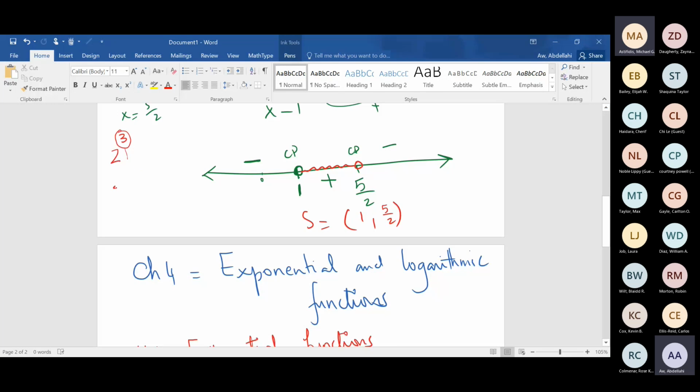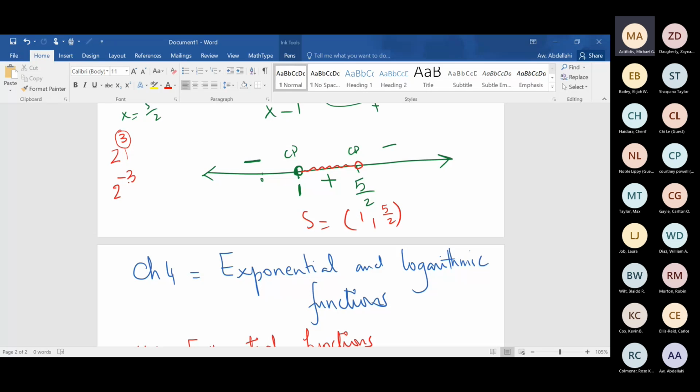Let's say 2 to the negative 3. Now, we don't say this is just 2 times 2 times 2 negative 3 times, right? We don't say that. By the way, does somebody know the definition of this? How can we rewrite 2 to the negative 3 power?